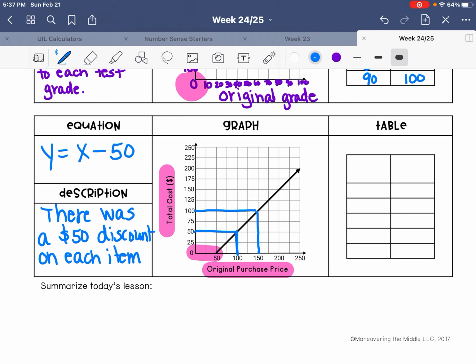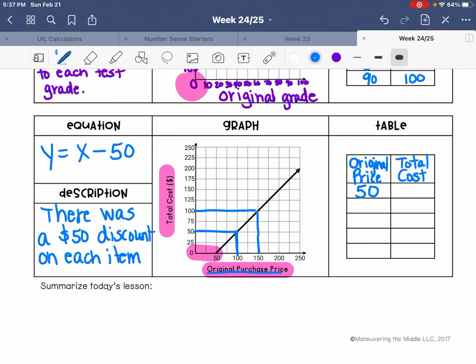And again, we can make our table from our graph. Original price and total cost. So the x is the original price. And we're going to hope that they're not going to let you take anything out of the store and pay them for it.